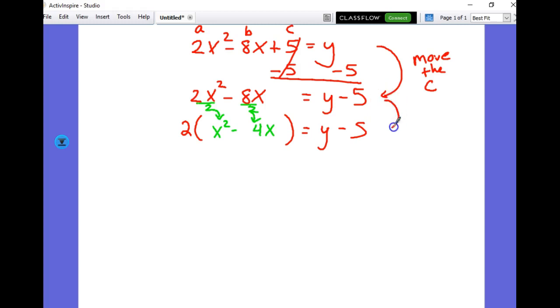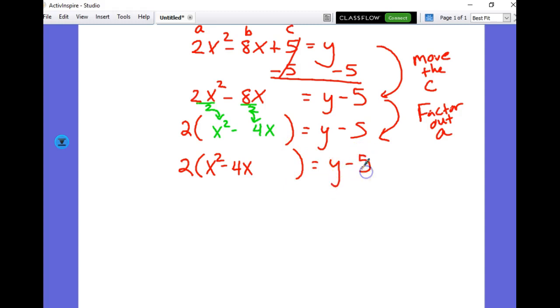So that would be factor out the a. Okay, the next thing we're going to do is a weird step. It's not at all obvious, it's strange. I'll explain why we do it in a moment. But what we're going to do is we're going to do something called completing the square.